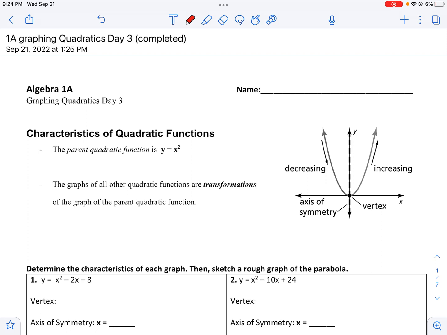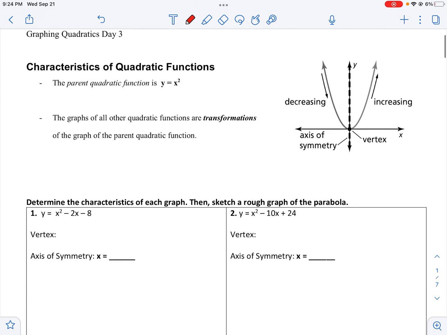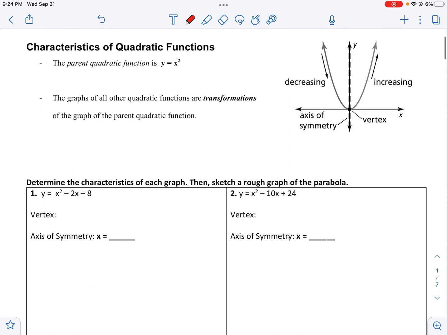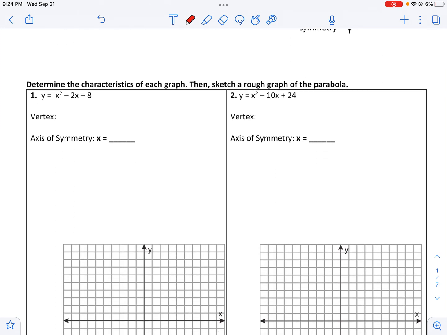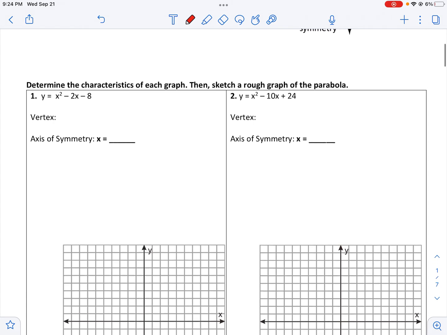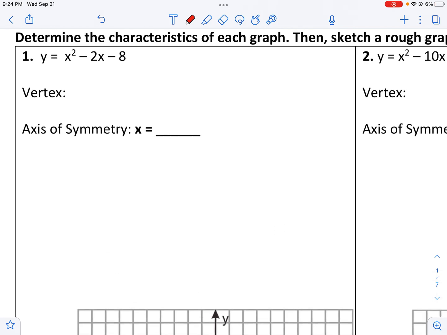On this video, we're going to talk about how to find the characteristics of quadratic functions, how to find the x-intercepts, the y-intercept, the vertex, and the axis of symmetry. So given a standard form quadratic trinomial, I'm going to factor this.